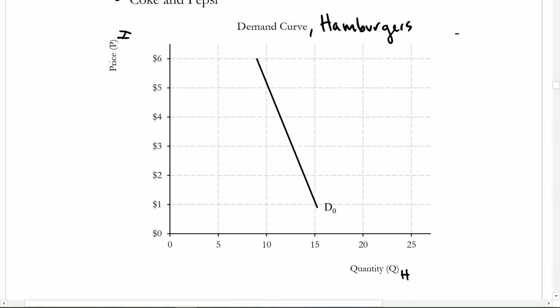We don't observe the price of pizza on this graph, but if the price of pizza increases, people switch away from pizza toward hamburgers. So the demand for hamburgers will increase if there's that increase in the price of pizza.